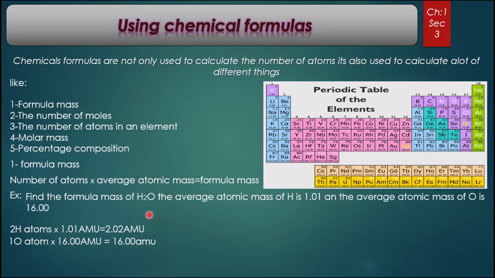Here we're not quite done again, because we now just know the formula mass of 2 hydrogen atoms and 1 oxygen atom. So we are just going to add those two and we will get the formula mass of the compound, which is water or H2O, which is 18.02 AMU. This is now the formula mass of water, or H2O.